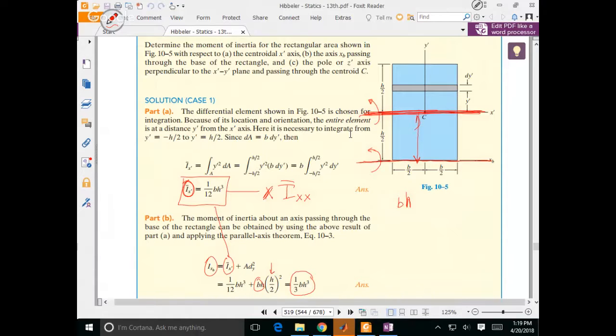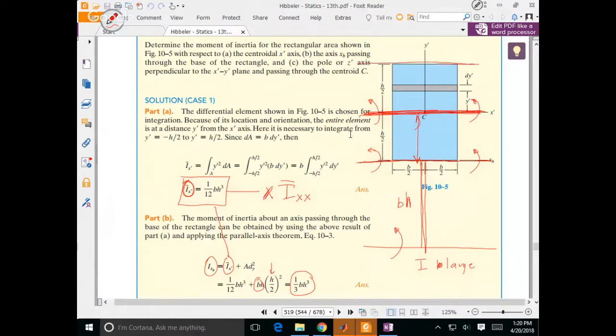If you're spinning it around here, you would think it's going to be harder. So the further away I spin it, if I connect this thing to a weightless rod right here and spin it about this axis, I would assume my I would be larger than spinning it about this axis, and this would be the smallest.